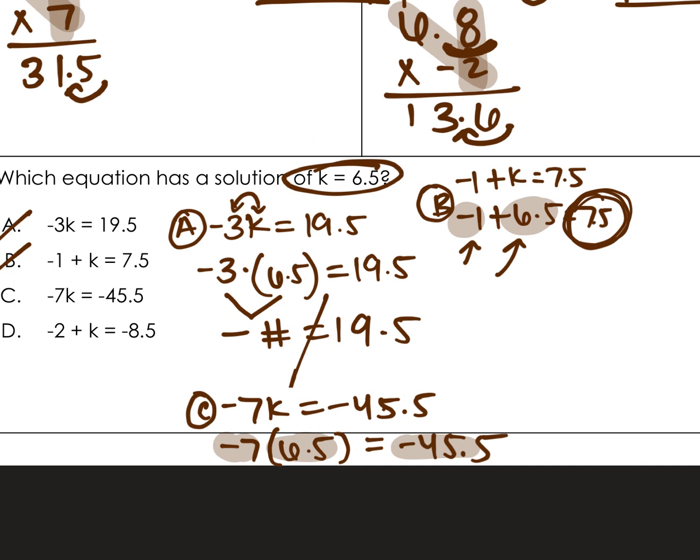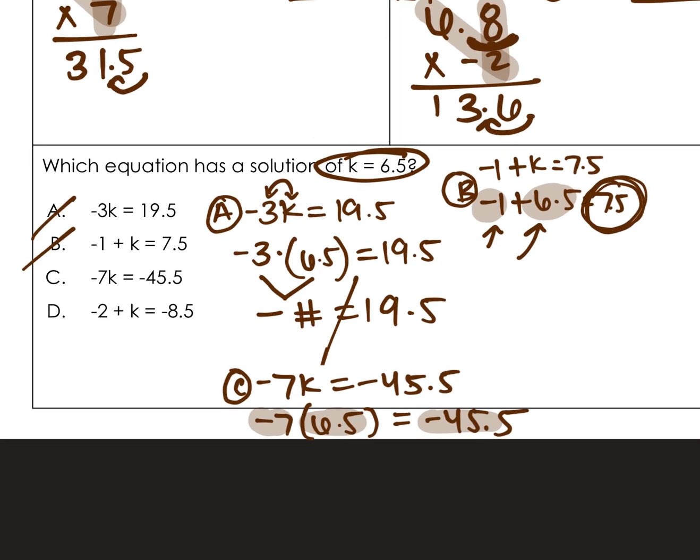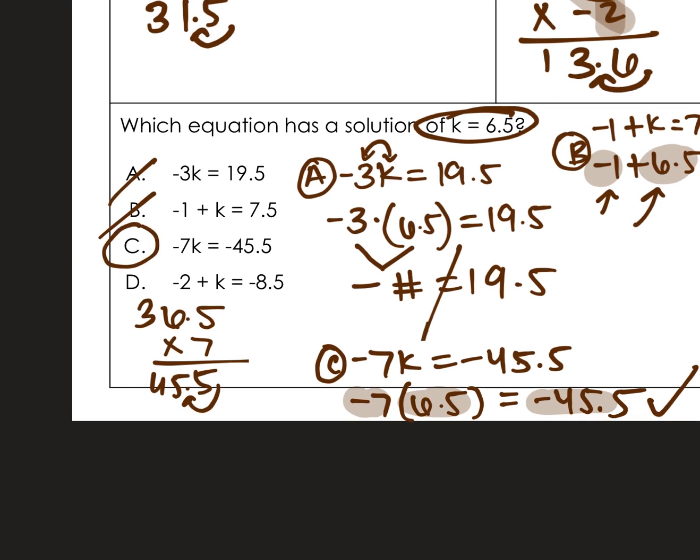I actually have to multiply out. I have 6.5 on top because it has more digits times 7. Well, 7 times 5 is 35. 7 times 6 is 42, plus 3 more is 45. Move my decimal over one spot. And this was in fact true. So it looks like C is going to be correct.